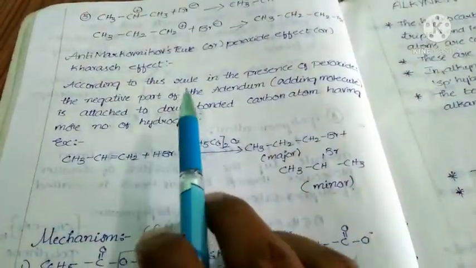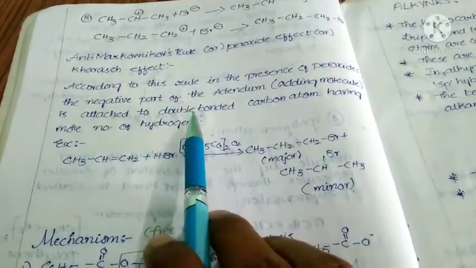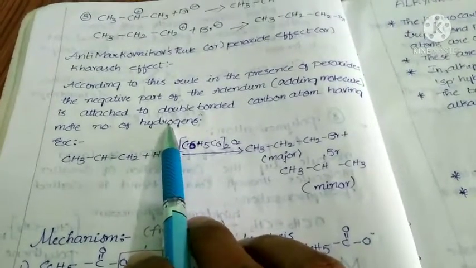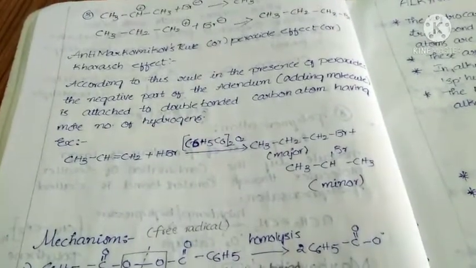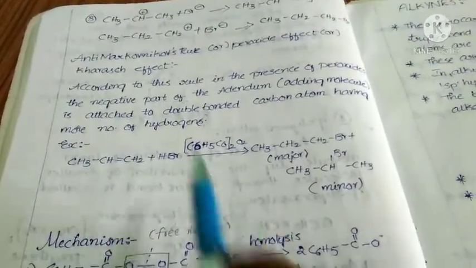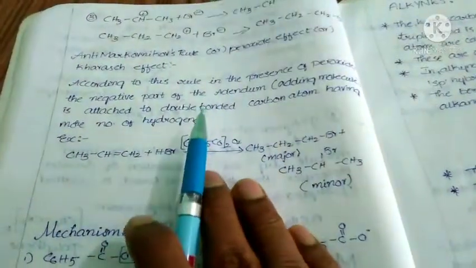The negative part of the addendum comes and attacks the double bonded carbon atom having more number of hydrogens. There, it was the double bonded carbon atom having less number of hydrogens. Don't get confused at all. For this also a mechanism is there, but I don't want to discuss this mechanism because it is not important. You just remember the statement, that is enough.